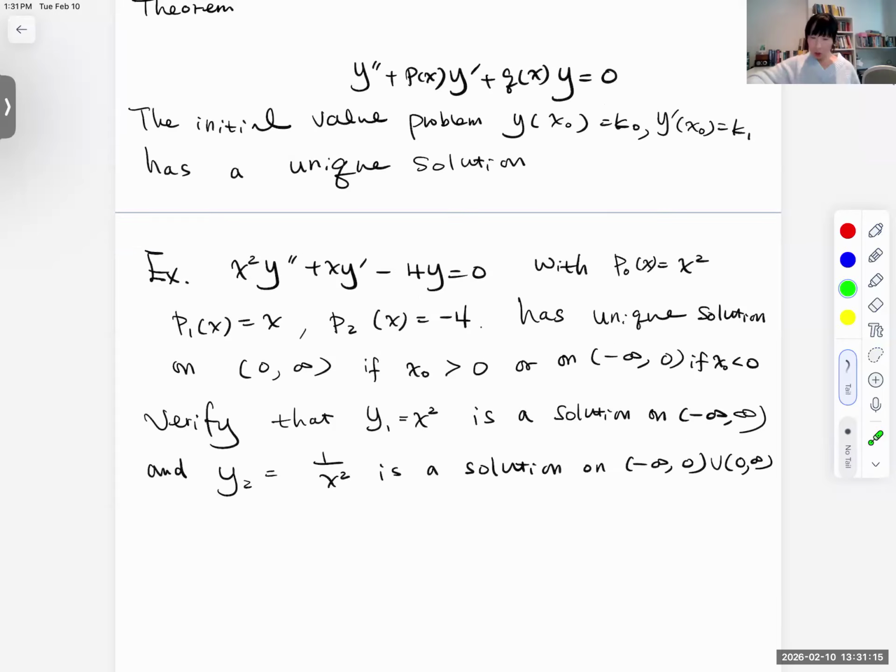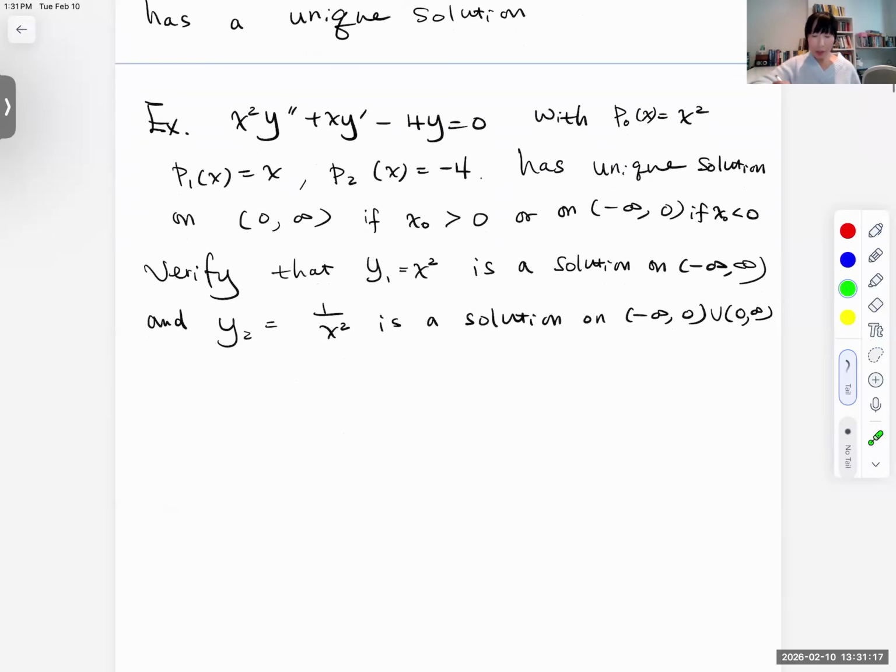Okay, so let us do this example so that we find the unique solution. All right, so we have x squared y second prime plus xy prime minus 4y equals 0, a homogeneous differential equation, right?